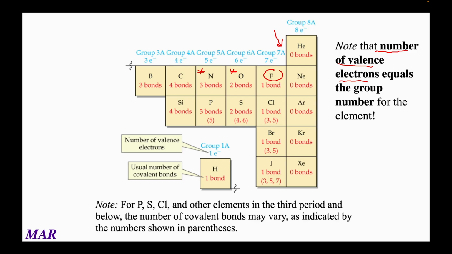Now, fluorine has a total of 9 electrons, if you remember from an earlier lecture we did. Not all of them are available for bonding. So the 7 there represents the number of electrons which can be used for bonding. The other 9 minus 7, or 2 electrons in fluorine, are considered core electrons and they don't bond.